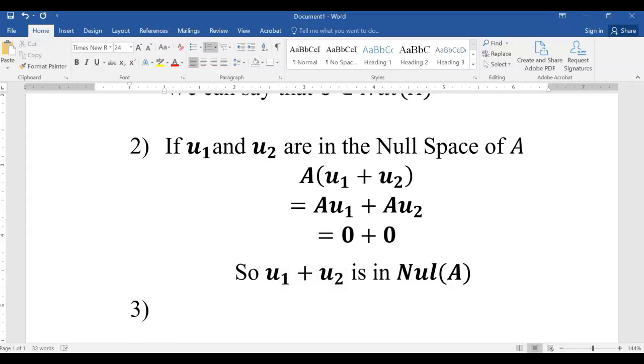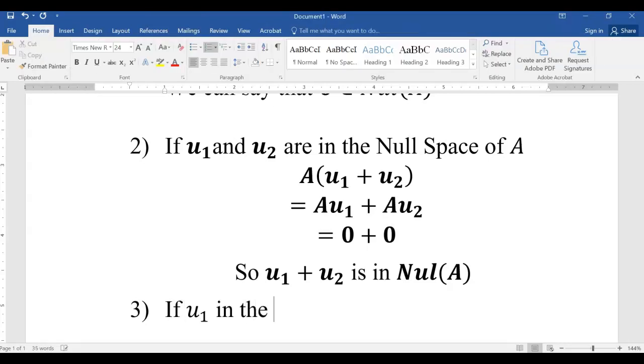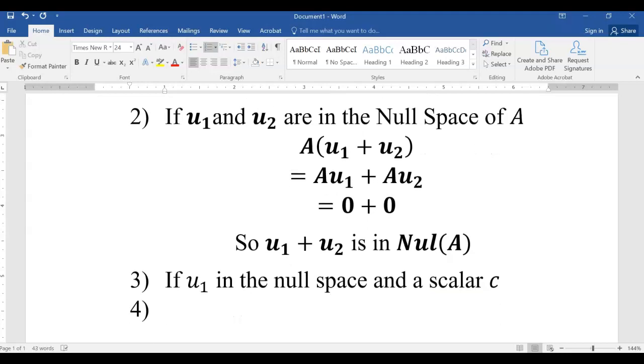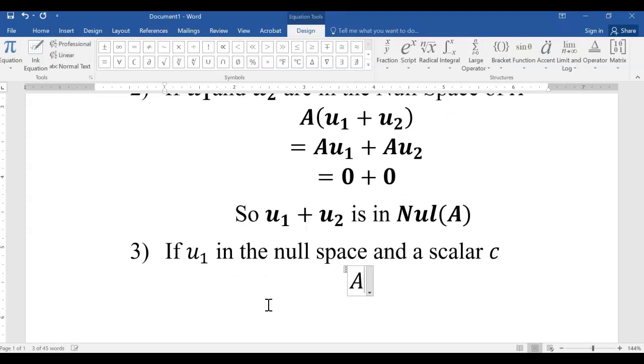And then obviously the third property says if we have a vector, which we'll call U1, in the null space, and a scalar, which we'll call C, which is a real number, then what's going to happen when I take my matrix A and multiply it times the scalar times U1?